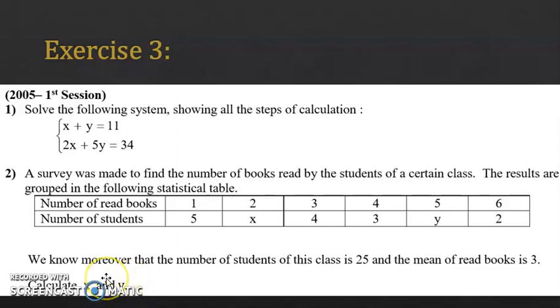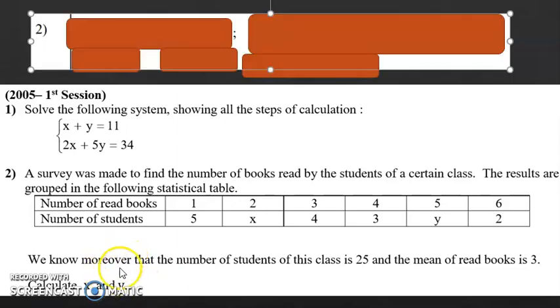So here, since you have two unknowns, then for sure you'll have two pieces of information. Read it again carefully. We know that the number of students of this class is 25. So how do we get the number of students from this table? Here 5 students read one book, X students read 2 books, and so on.